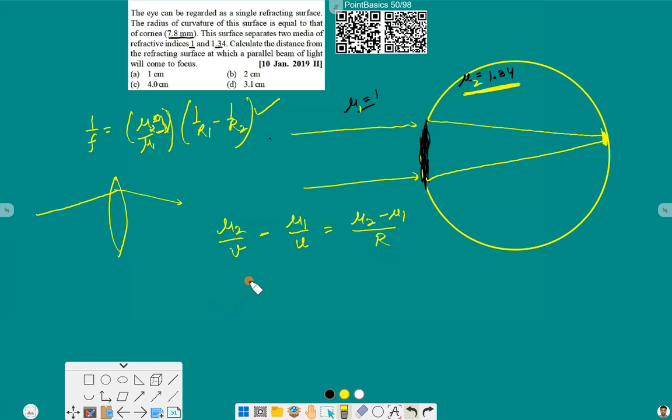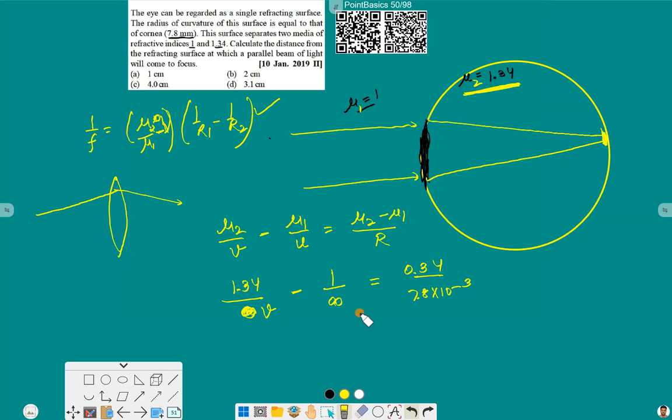So mu2 is here 1.34. Light is coming from the infinite, so we have to calculate v as it is. Now mu1 is 1, and light is coming from the infinite, and this will give us 0.34. And the radius of curvature is mentioned, that is 7.8 into 10 raised to power minus 3.